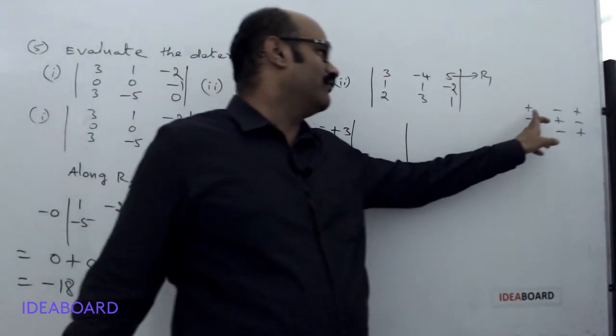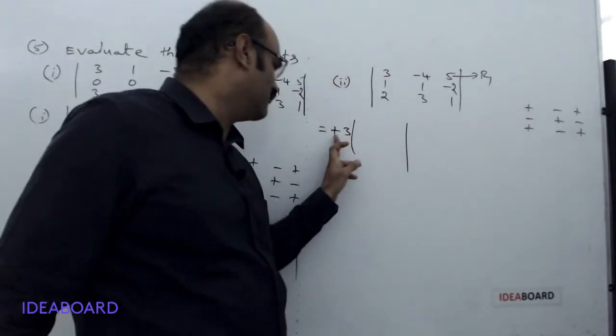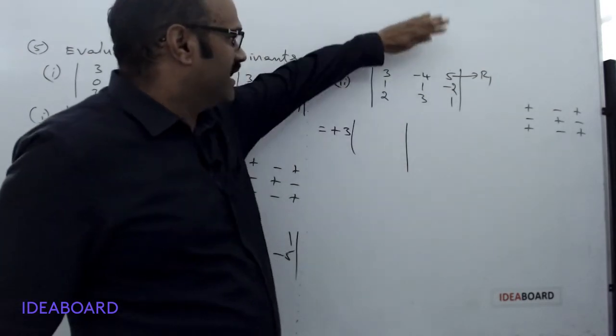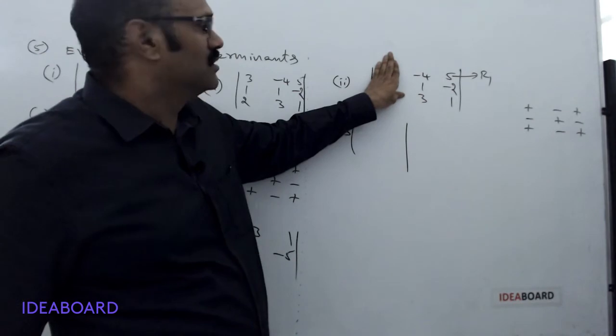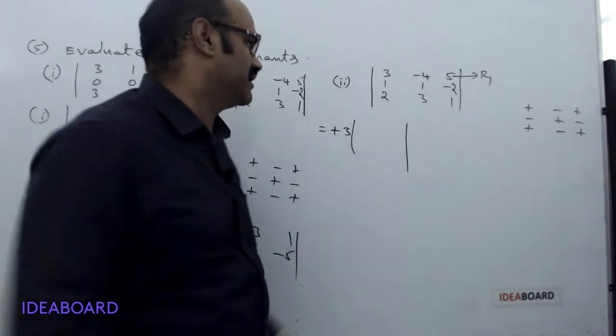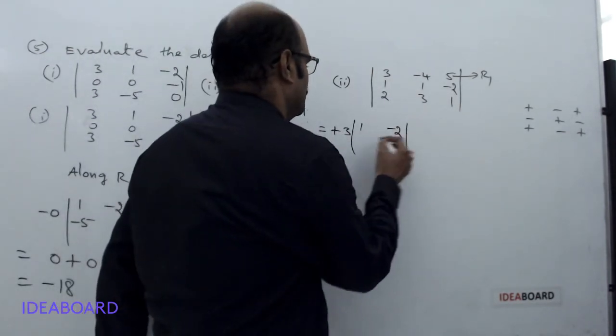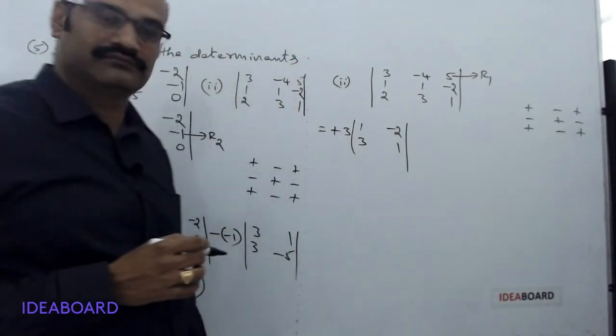So here for the cofactor we are having the sign plus. Now we have to take the minor of 3. The element 3 lies in the first row and first column, so the remaining 4 elements are 1, minus 2, 3, 1.